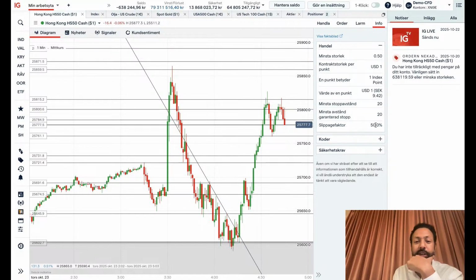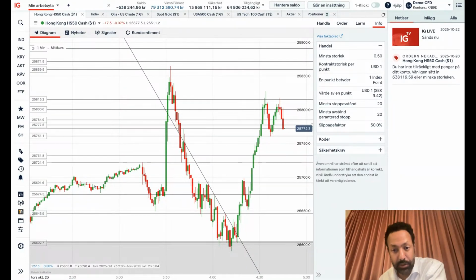I was speaking about different things and I wasn't looking. Yeah, let's get out and take a short then. I don't know what's happening. Short to the bottom of the range. Move the stop forward. Try a long here then.